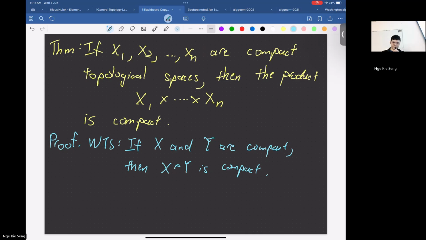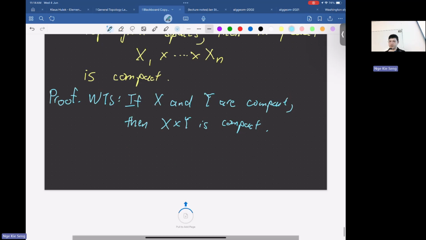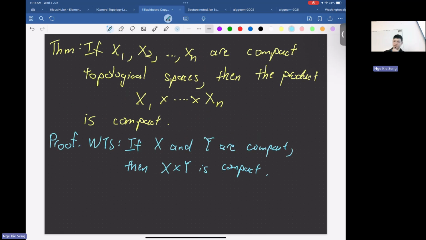The proof is quite tedious, not hard, but tedious. Maybe let's just talk about the ideas. So what's the technicality here to show that X cross Y is compact?